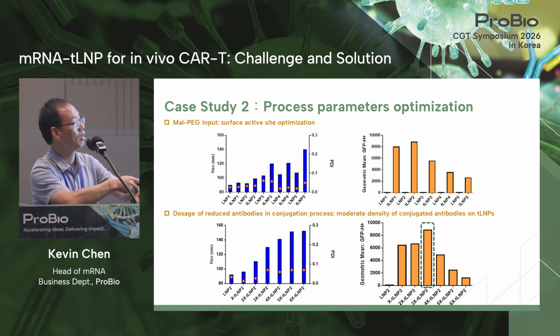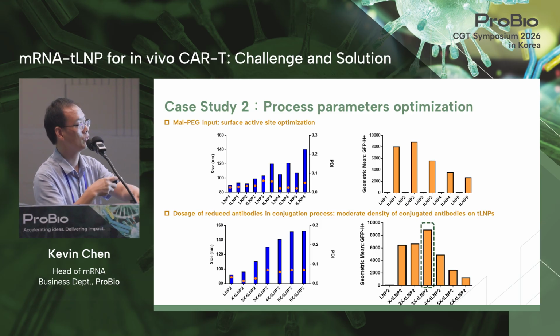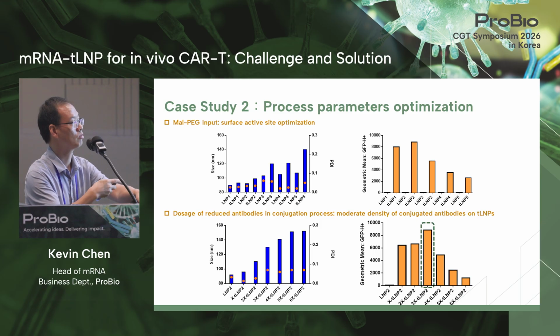You can see that for the second condition, tLNP2 has the highest GFP expression, which means the maleimide-PEG ratio of this condition is the best one.